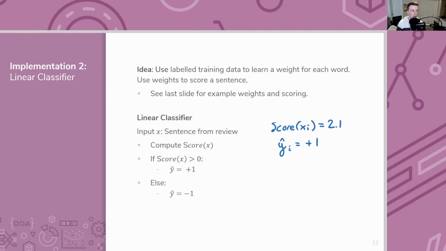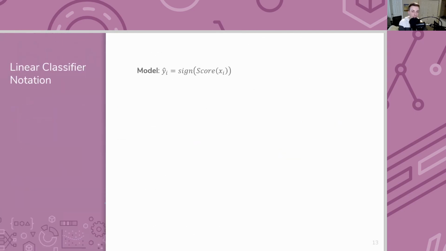Okay. So I want to talk a little bit about notation for this. The way that we're going to be describing this is that this model is taking the score function, where the score function is the weighted sum that we computed before. So it's coefficient 0 times feature 0 plus coefficient 1 times feature 1, and so on and so on.